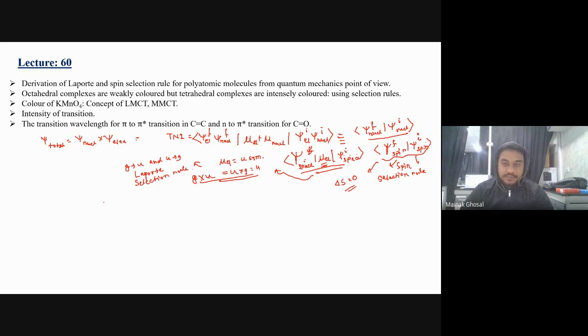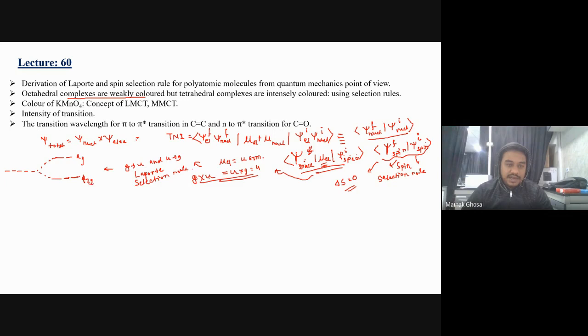And this Laporte selection rule explains why octahedral complexes are weakly colored. If you see octahedral geometry, the d orbitals are there, and since it is a centrosymmetric molecule, this is t2g and this is eg.